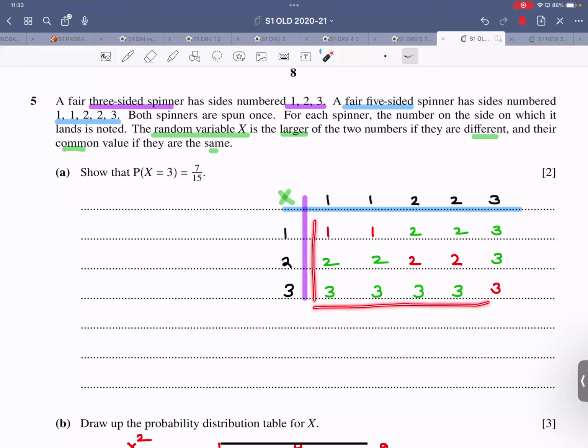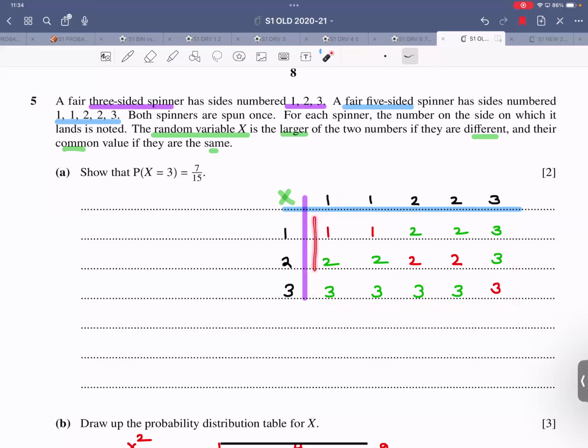Now, in this question, since both spinners are fair, whatever you see according to the rules described in the sample space diagram, probability will be based upon this. Let me first finish it and then let me present a scenario in which it was not fair.